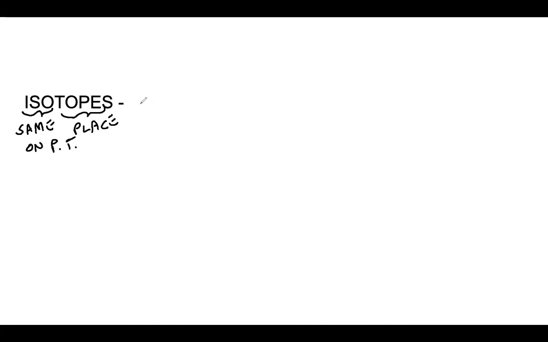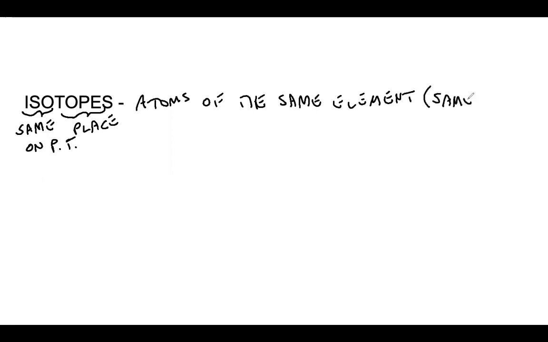So isotopes are atoms of the same element. If they're the same element, that means they have the same atomic number, so they'll be in the same place on the periodic table because the periodic table goes by atomic number.